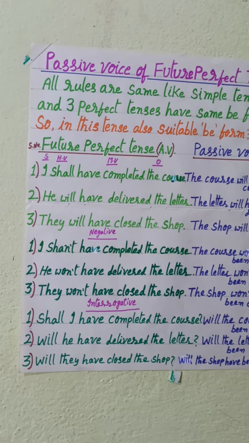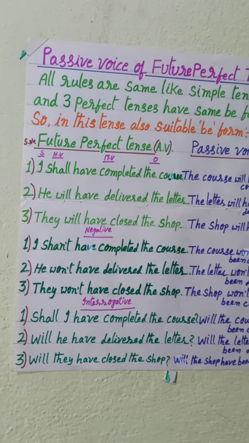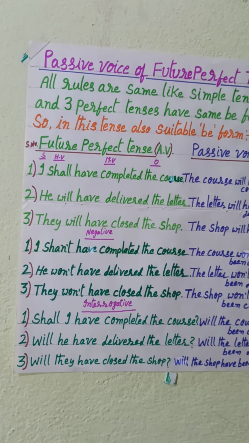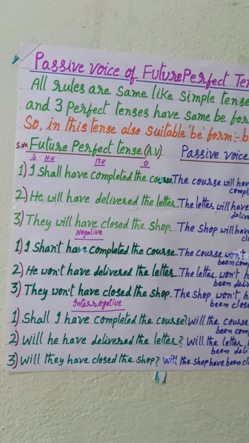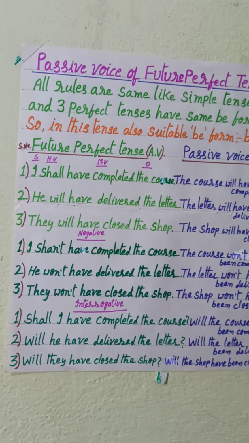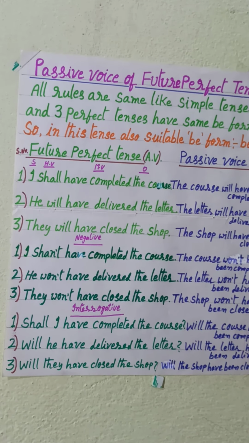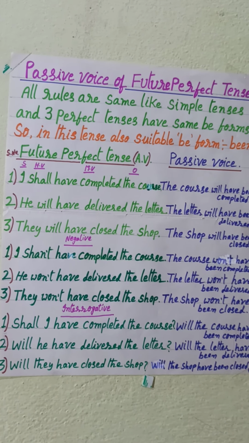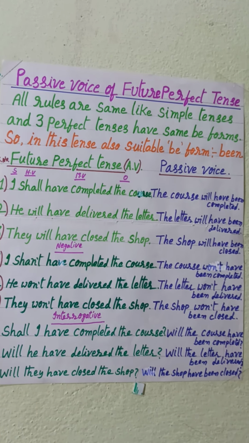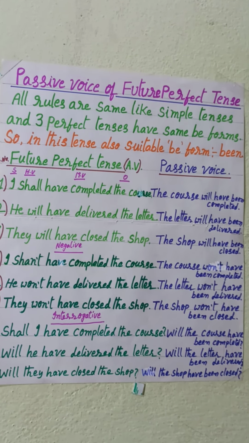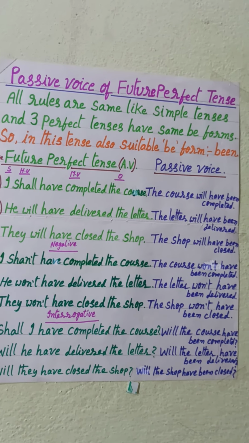Will plus not is equal to won't. I shan't have completed the course is a negative sentence. In the passive voice, the course won't have been completed.